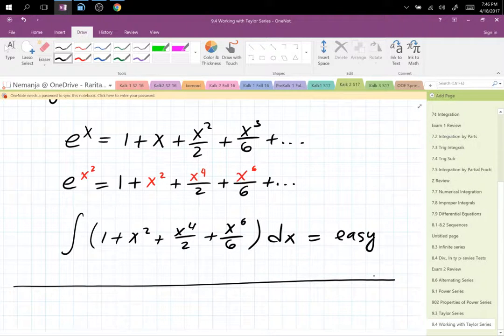You have to be, however, careful where you are centering your series. So if you are computing, and also this is not going to be exact. If you have to integrate from 100 to 200 and you center it at 150, obviously it's not going to work. All right.